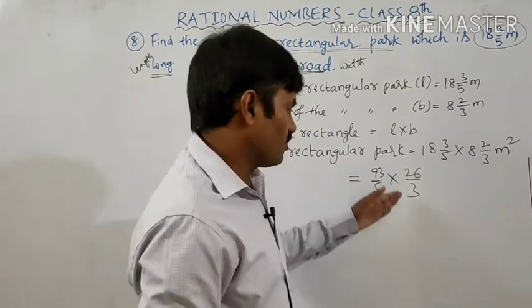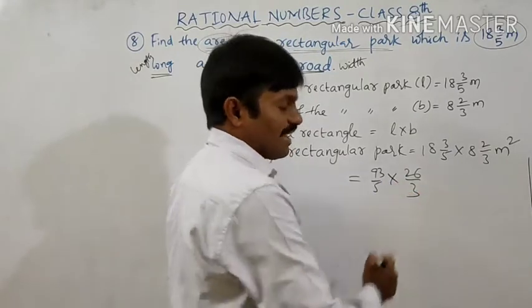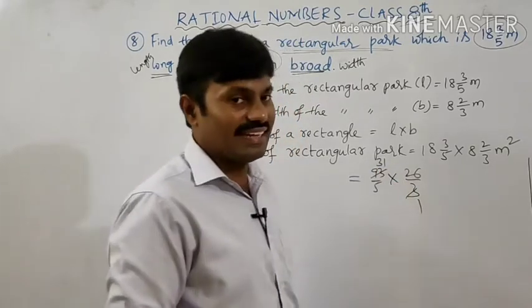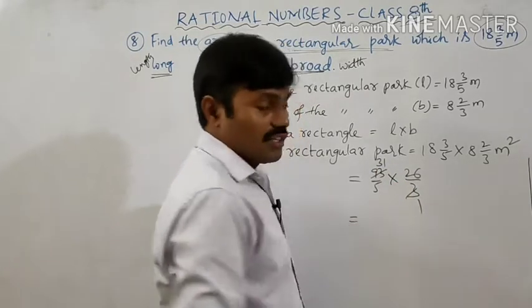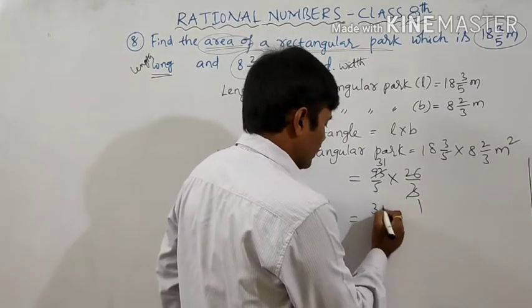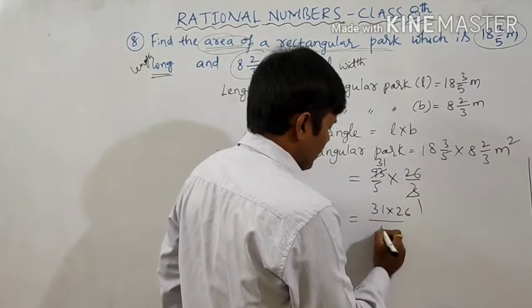Is there any possibility to simplify here? Yes, we can cancel with 3. 3 ones are 3, 3 thirty-ones are 93. Now 31 into 26 by 5 into 1.